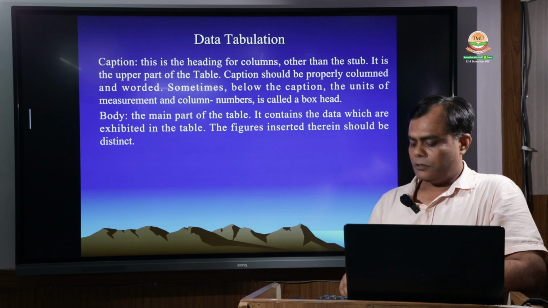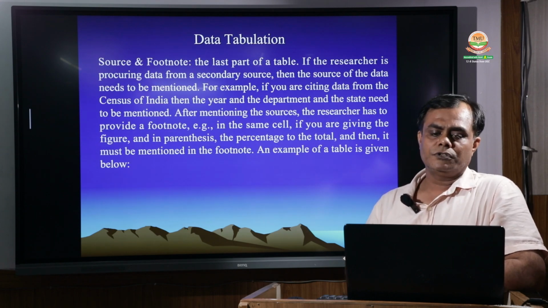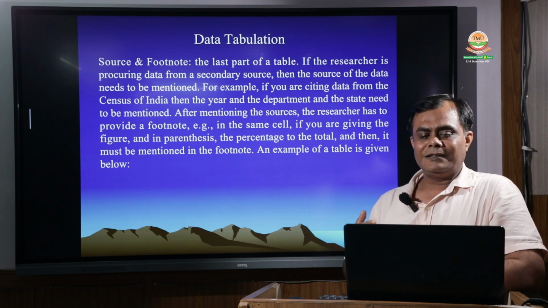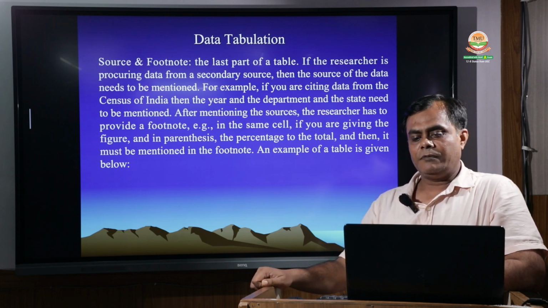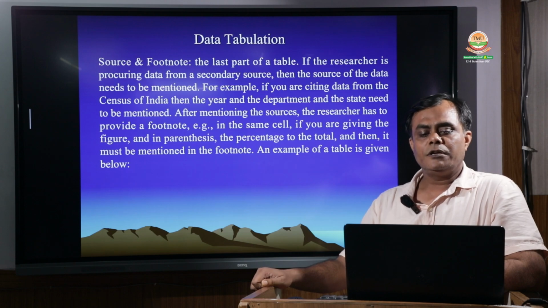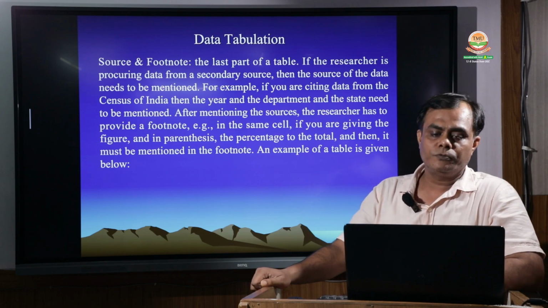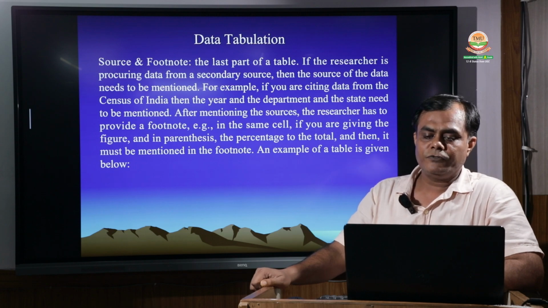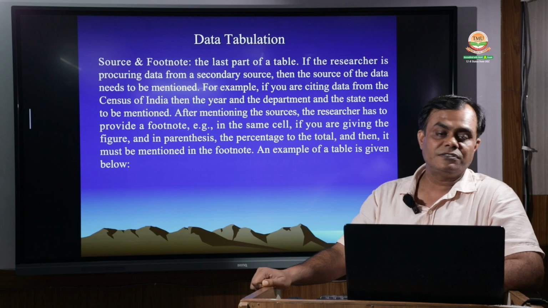And the next part is the source and the footnotes. That is the last part of the table. If the researcher is using data from a secondary source, then the source of the data needs to be mentioned. For example, if you are citing data from the census of India, the year and the department of the state need to be mentioned.